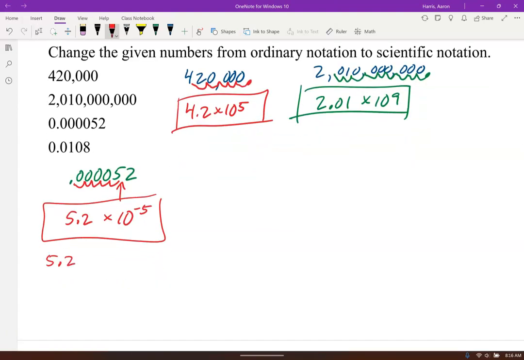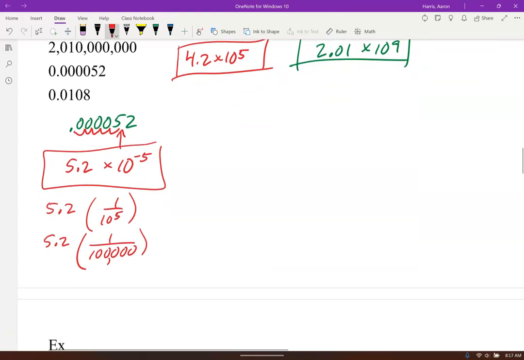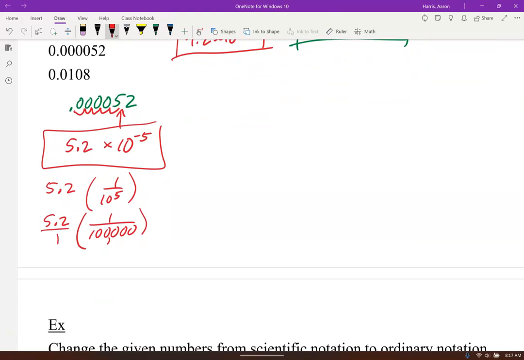10 to the negative 5 is 1 over 10 to the 5th. So 10 to the 5th is 100,000. So if you take 5.2 divided by 100,000, that's your original 0.000052, right?